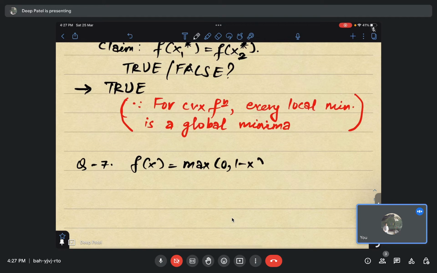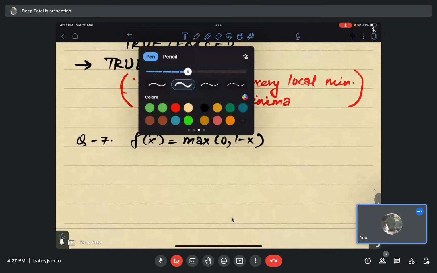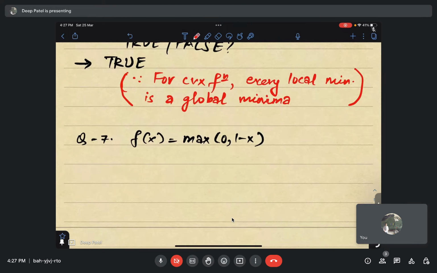Okay, we have our hinge loss. Yes, this is a hinge loss function.